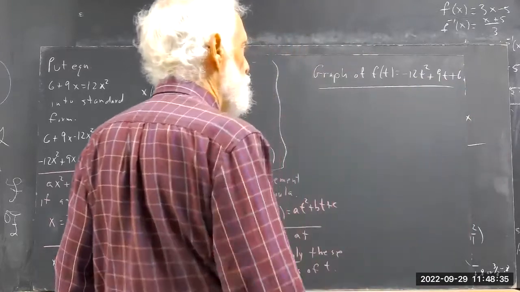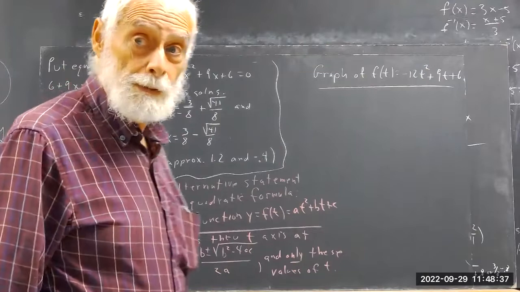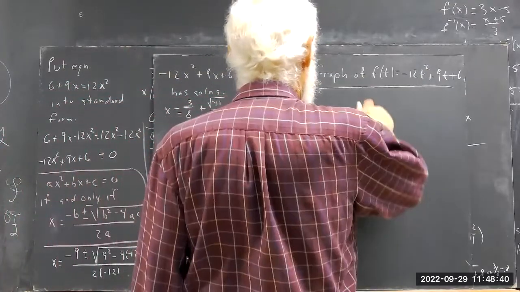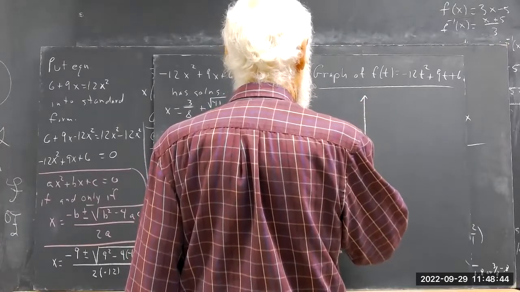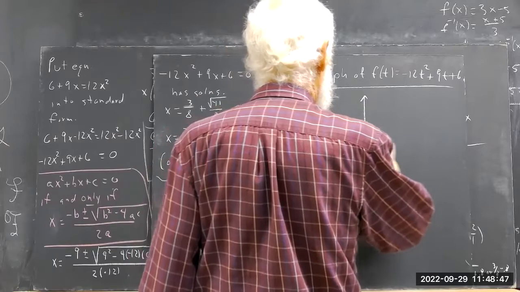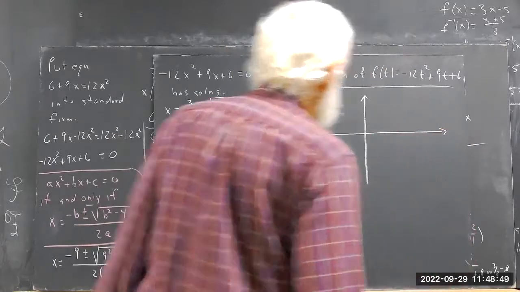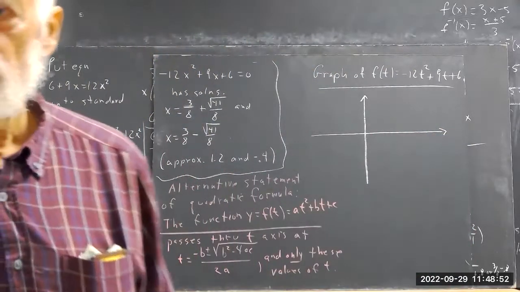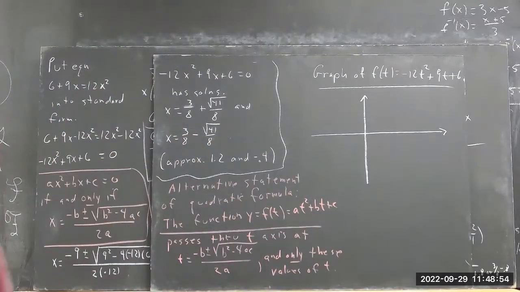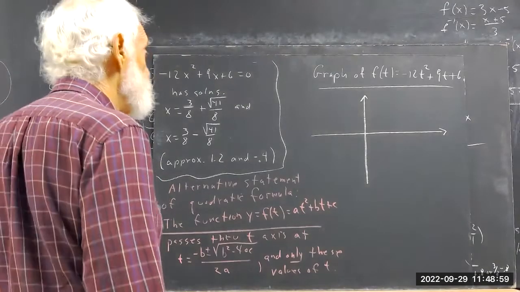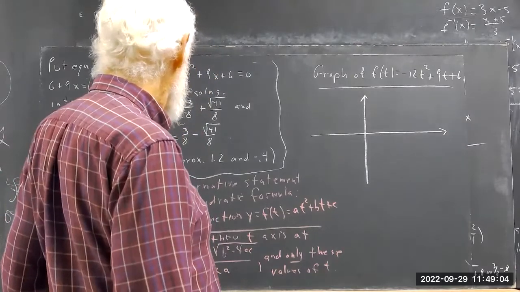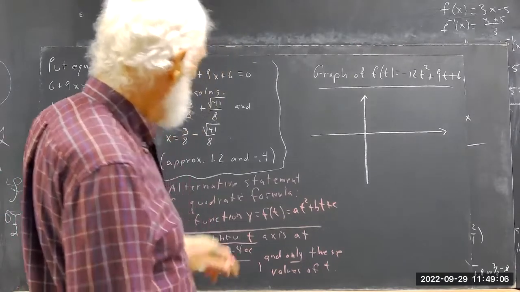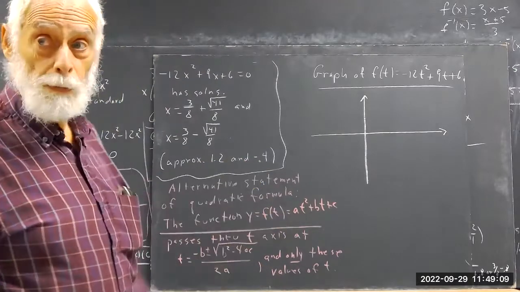Graph of negative 12t squared plus 9t plus 6. What can we determine about this graph from the quadratic formula? Well, one thing we can definitely determine is that it passes through 0 at approximately 1.2 and negative 0.4.